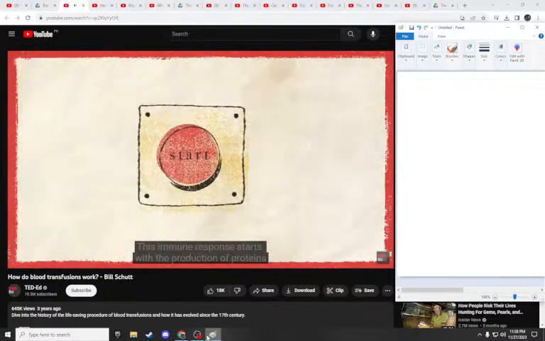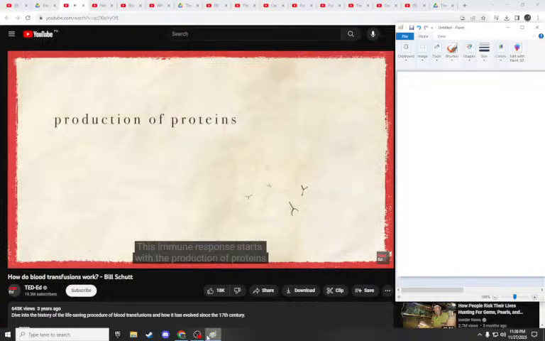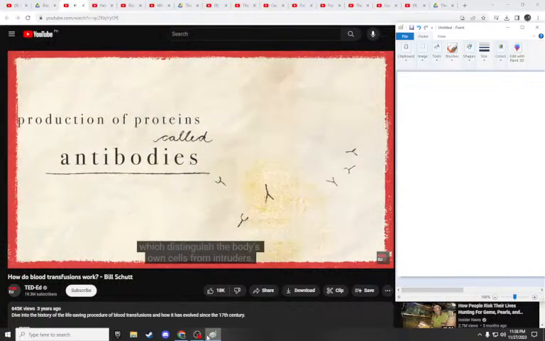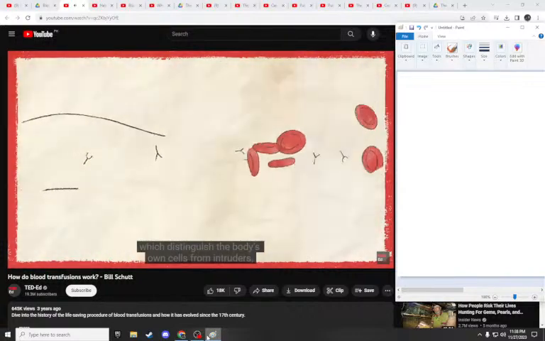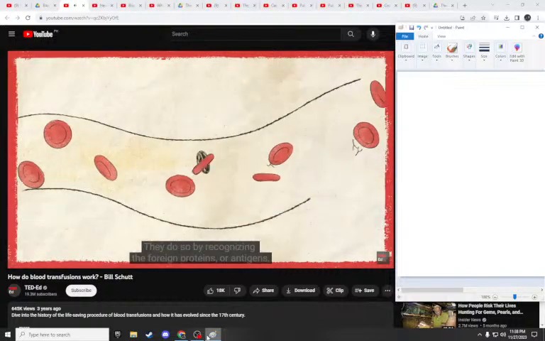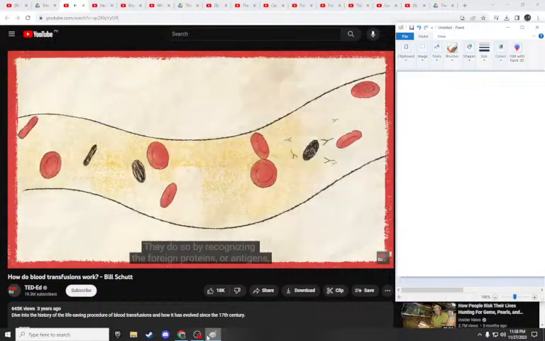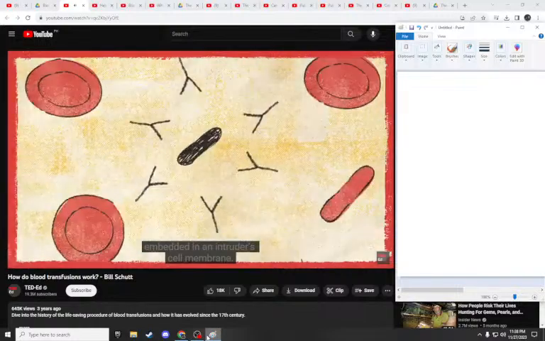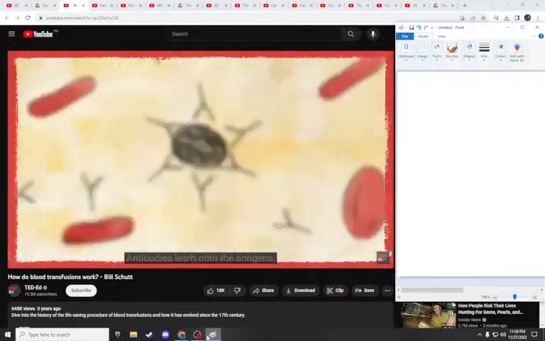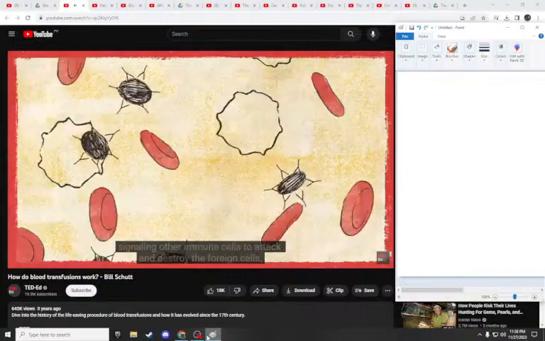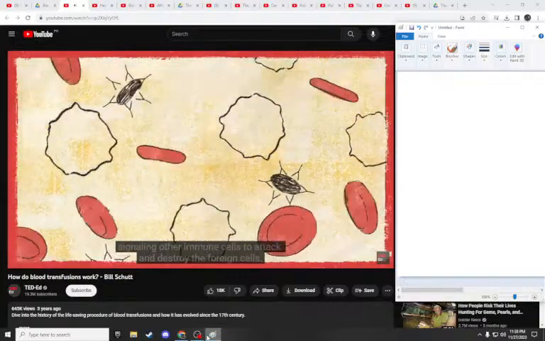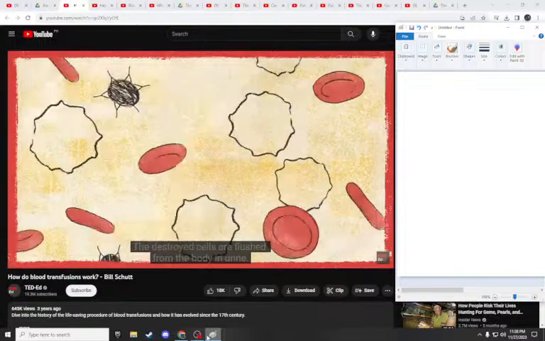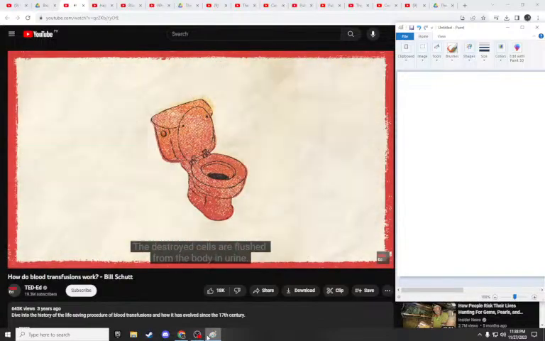This immune response starts with the production of proteins called antibodies, which distinguish the body's own cells from intruders. They do so by recognizing the foreign proteins, or antigens, embedded in an intruder's cell membrane. Antibodies latch on to the antigens, signaling other immune cells to attack and destroy the foreign cells. The destroyed cells are flushed from the body in urine.